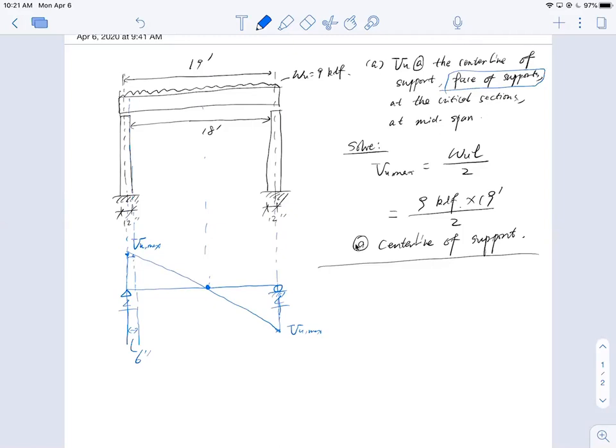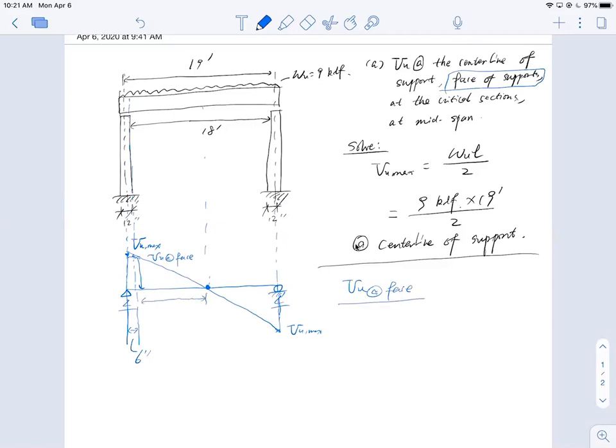It's simple, right? I don't know this, so let's say Vu at face of support, divided by this length.